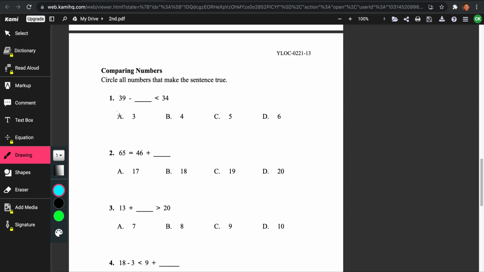So let's try 3. 39 minus 3. 9 minus 3, that's 6, and 3. But 36 is not less than 34, that wouldn't work, so A would not work.